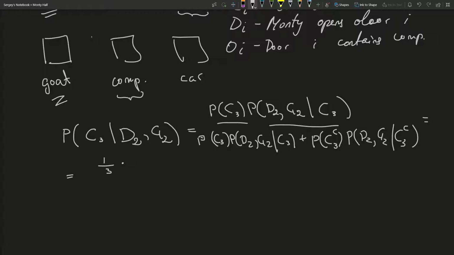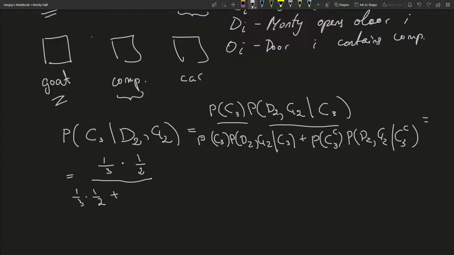And then the question becomes, what is the probability that door 2 contains a goat? Well, if we know that door 3 contains the car, then the goat is either behind door 1 or behind door 2, with both options equally likely. And so the probability that door 2 contains the goat is 1 over 2. So we have 1 over 3 times 1 over 2 plus.